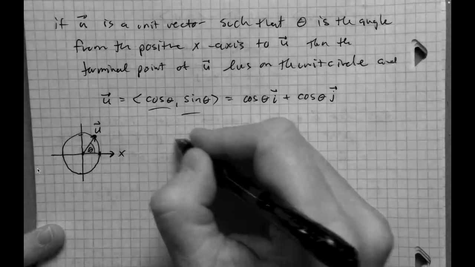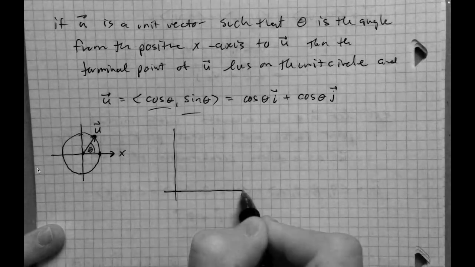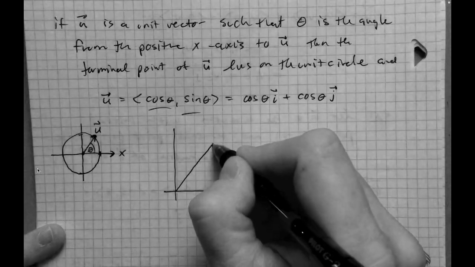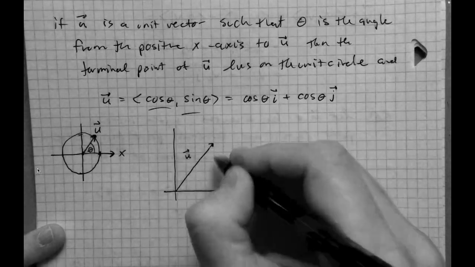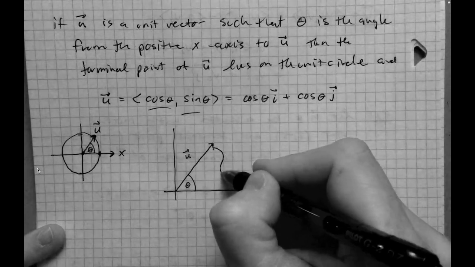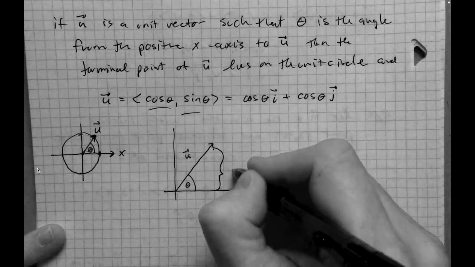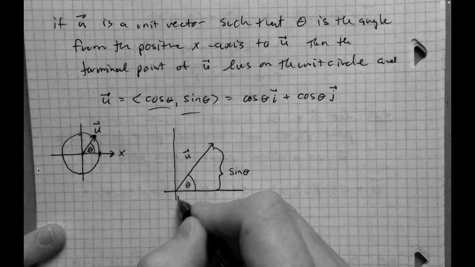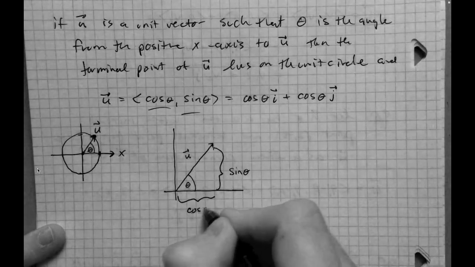Now hopefully that makes sense. If you think about this, remember this is your sine of theta on the unit circle. This is your cosine of theta.